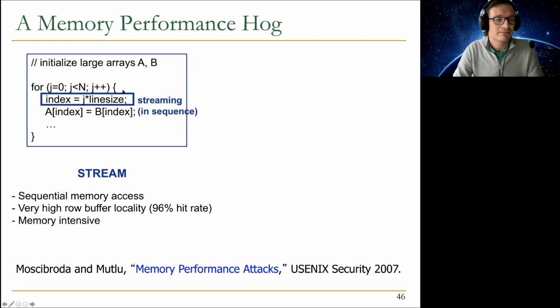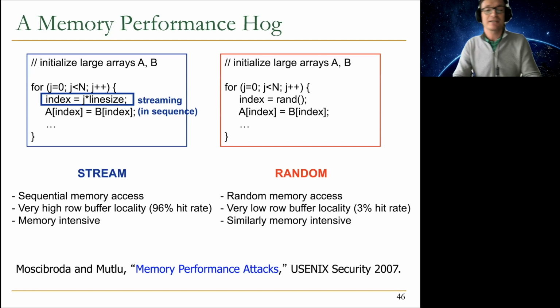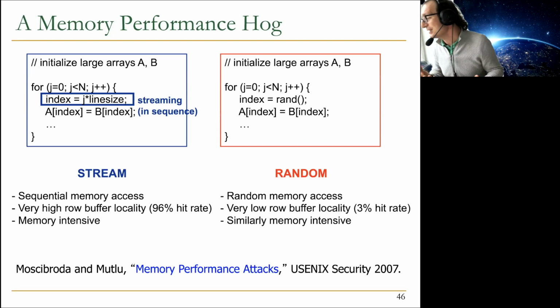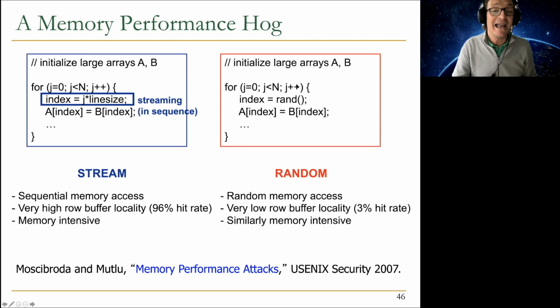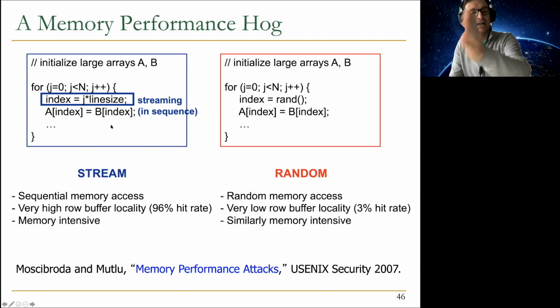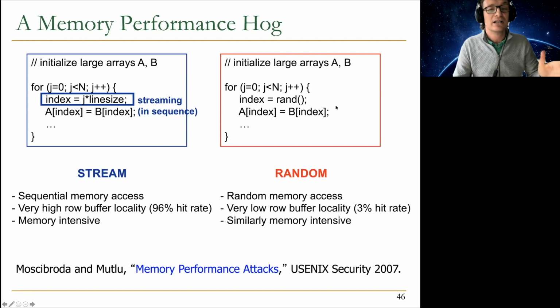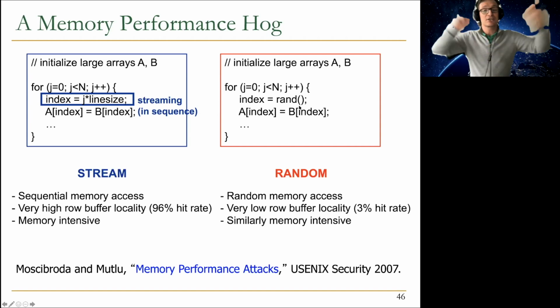So to control for this, we actually created the exact same application, except this goes through the memory randomly. So here you get a lot of row buffer hits because you're basically sequencing through a row. You're accessing consecutive columns in a row. Whereas here you get a row buffer conflict at almost every access, because you're basically jumping into random places in your memory space.